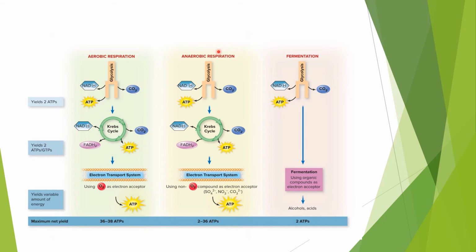And when they go through anaerobic respiration, they can actually use things like nitrate as their final electron acceptor, okay? And you can see, though, that when bacteria go through anaerobic respiration, the amount of ATP that they are going to produce is going to be less compared to if they go through aerobic respiration.